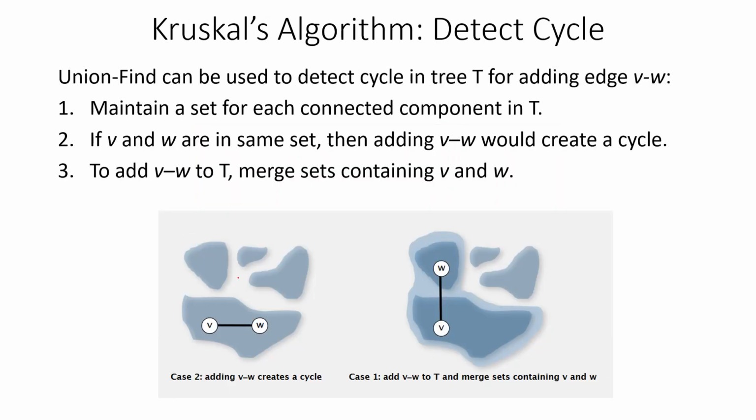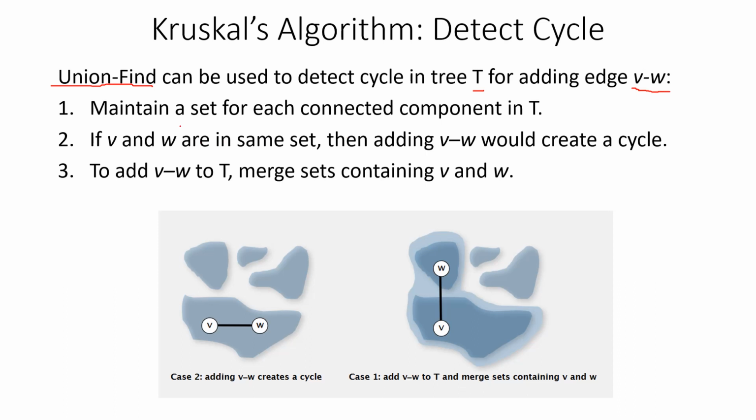One of the main challenges of Kruskal's algorithm is to detect a cycle. When we add an edge, do we have a cycle or not? In order to detect the cycle, we can use union-find. Let's say that we have some tree T, and we want to determine if we add edge VW, do we get a cycle or not?